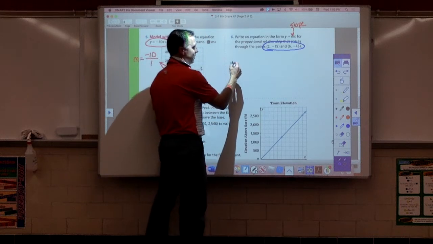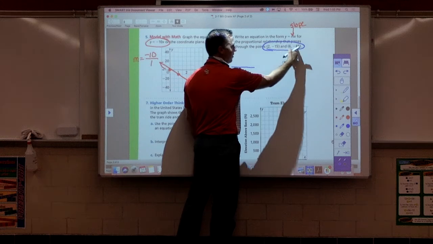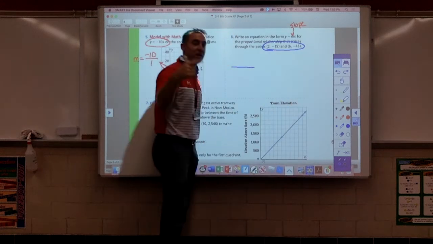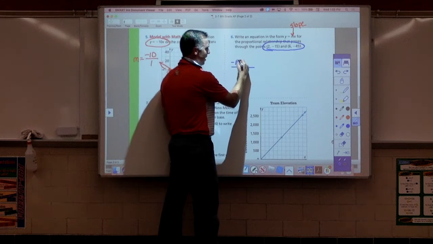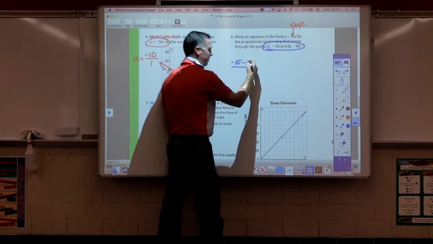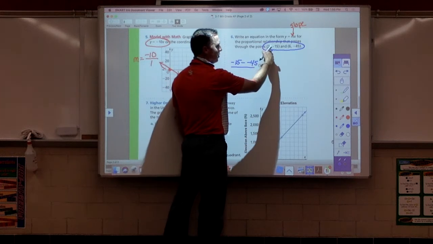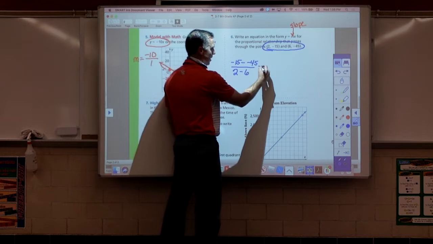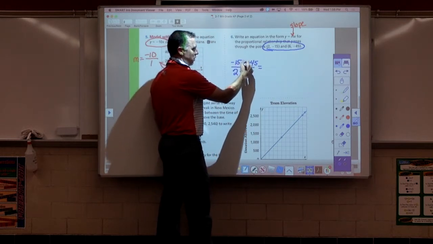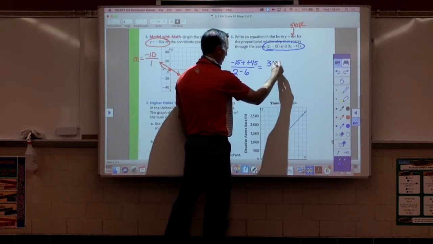Find the slope. Okay, how do you want to do this? I start with the bigger of the 2 y values, because that's what we do. So negative 15 minus negative 45. Double negatives means we're going to add: negative 15 plus 45 is 30.